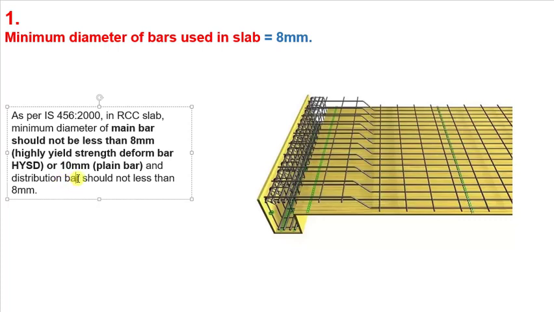And in case of distribution bar, it should not be less than 8 mm. The diameter of the bar should not be less than 8 mm. So it actually depends upon the nature of the question, what kind of question the interviewer is asking, or if you are in an exam, what the question is actually asking.